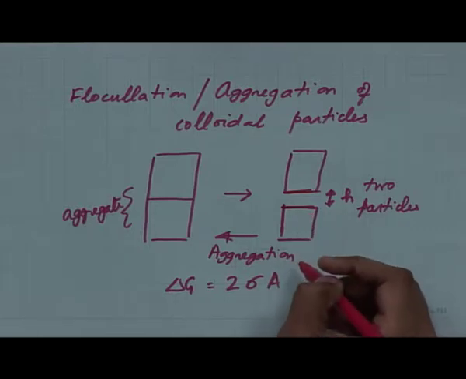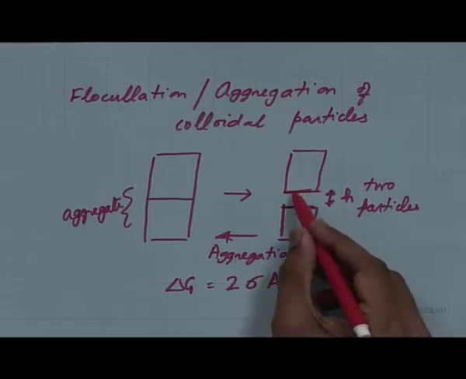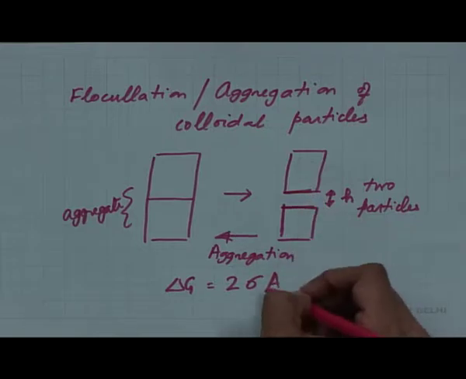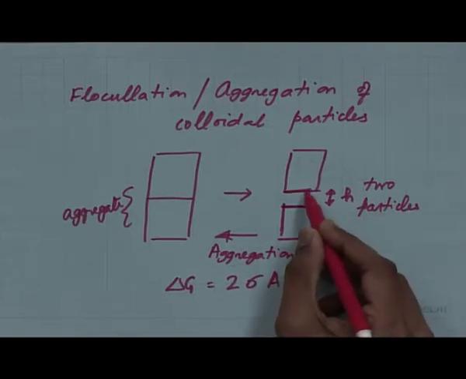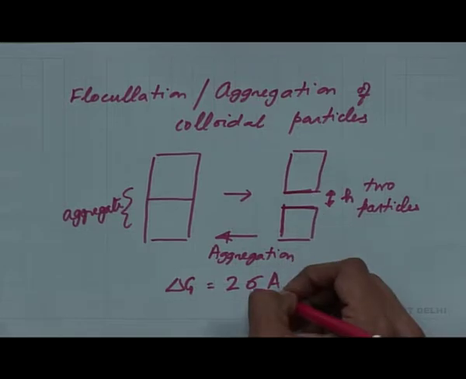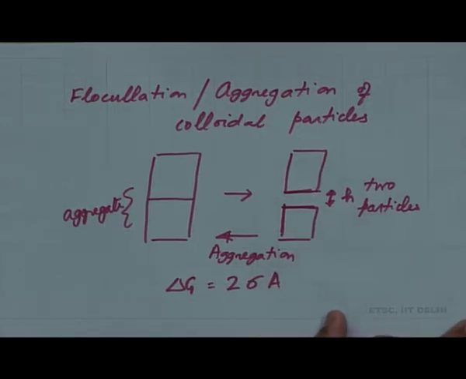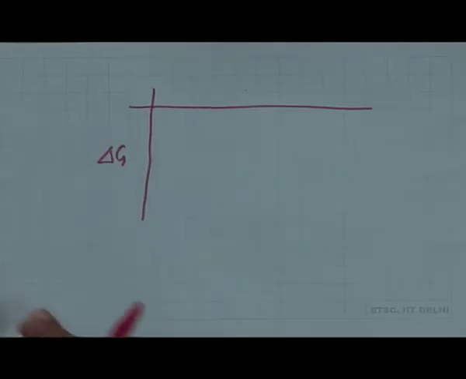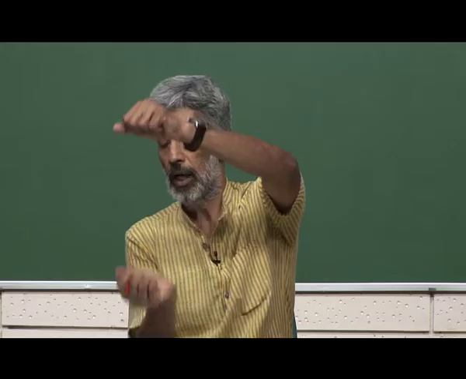Here I have considered the simple case where the two surfaces have identical area and the surface tension is sigma. If I plotted delta G, the work done in creating these two surfaces, imagine that when the two particles are at infinite separation, the energy is 0.